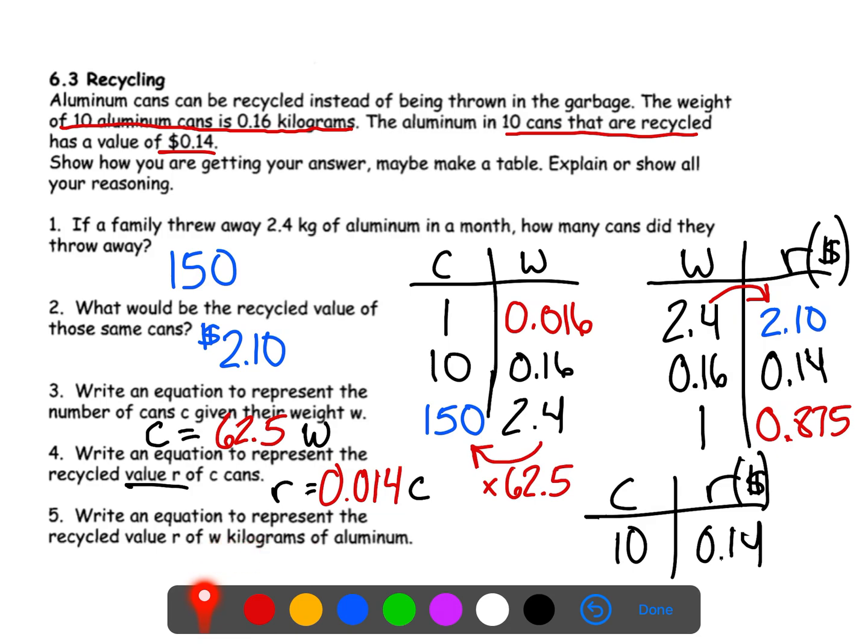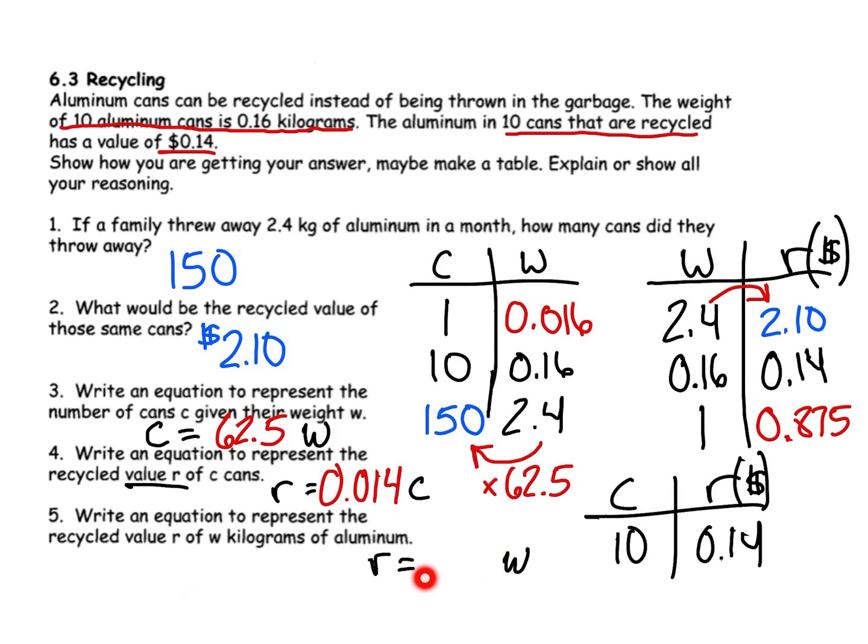All right, and then lastly, we have to write one more equation. This is going to be from our table here, comparing weight to value. So I again want to find the value R. Here I'm going to be multiplying the weight times my constant of proportionality.